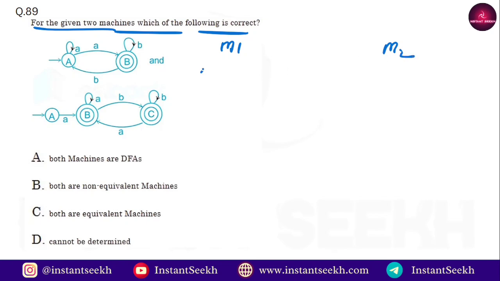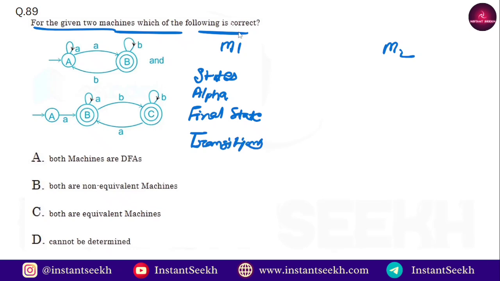We will have a matrix of states, alphabet, final state, and transitions. Let's pen down this for both the machines.